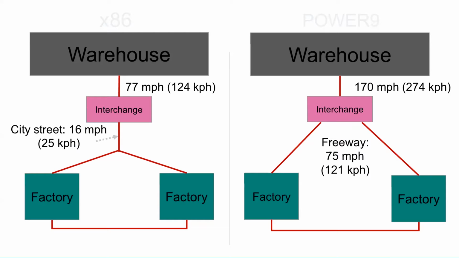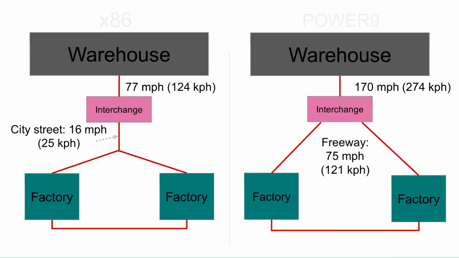If you compare that with road speed limits, you can imagine that the memory is a warehouse, and you have to move items from the warehouse to two factories, which are the GPUs.